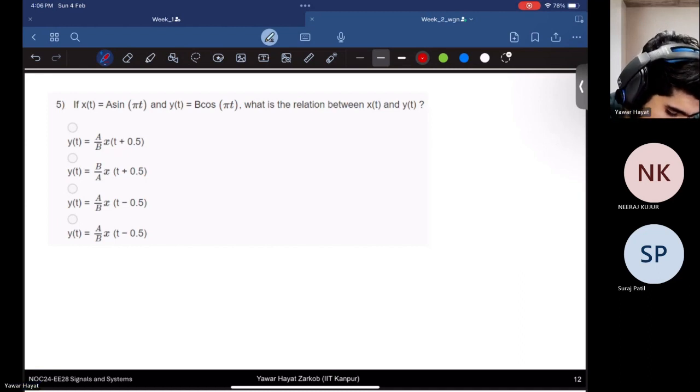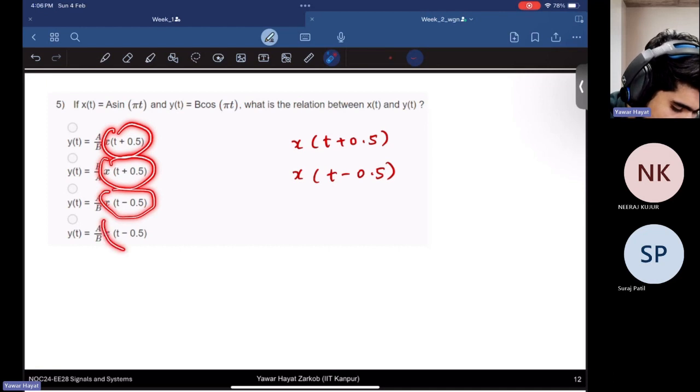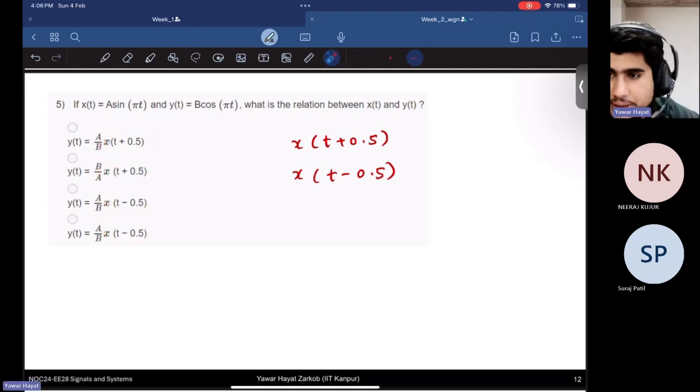The good approach would be to first find these signals, x of t plus 0.5 and x of t minus 0.5, right? Because that is what is occurring in the options.